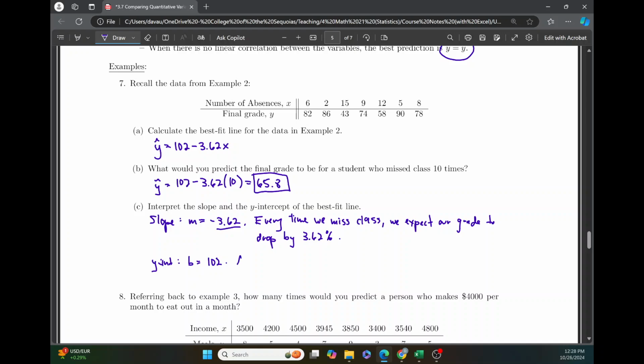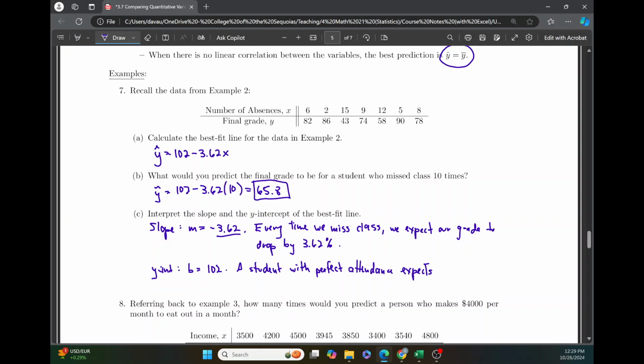So a student with perfect attendance expects to earn 102% in the class.